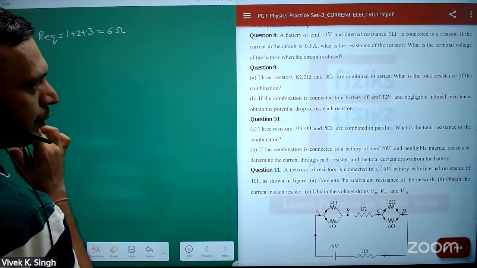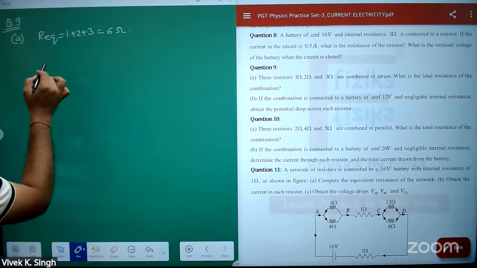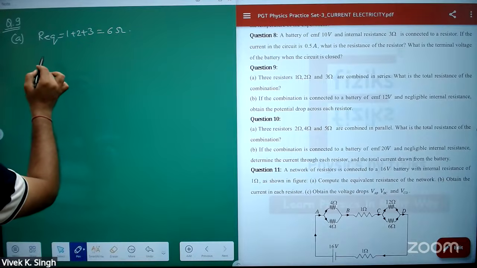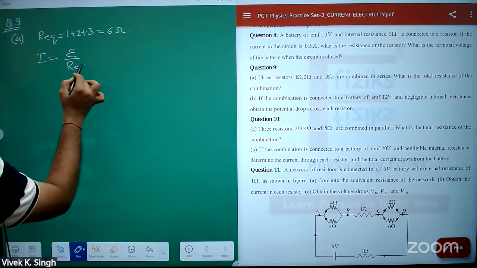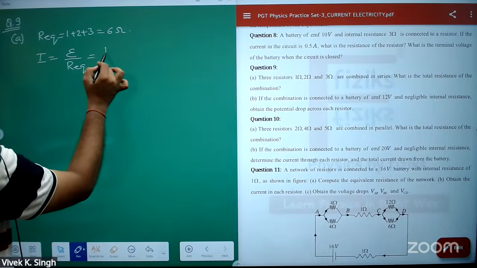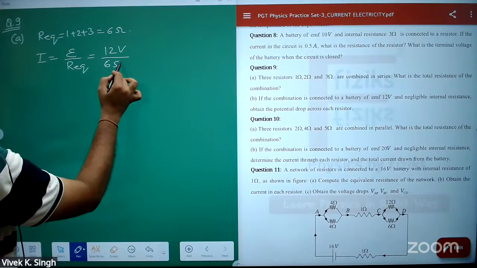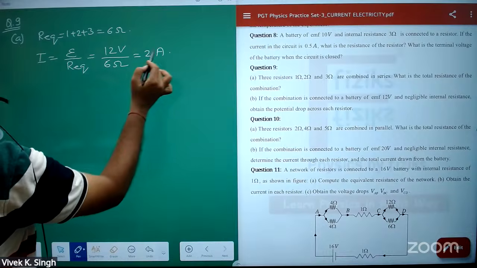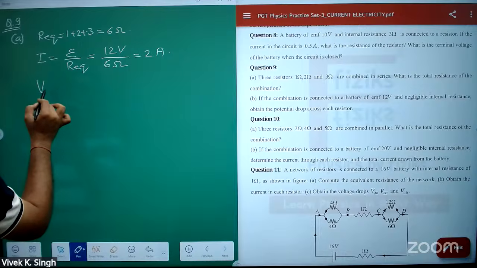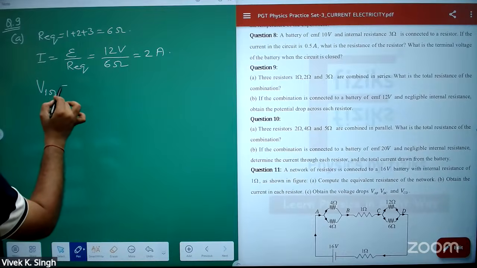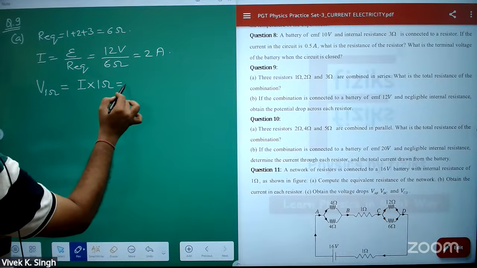If the combination is connected to an EMF of 12 volt of negligible resistance, obtain the potential drop. So what will be current in the circuit? Current is E by R equivalent, so 12 volt divided by 6 ohm, this is 2 ampere. Voltage drop across 1 ohm is I into 1 ohm, so this is 2 volt.